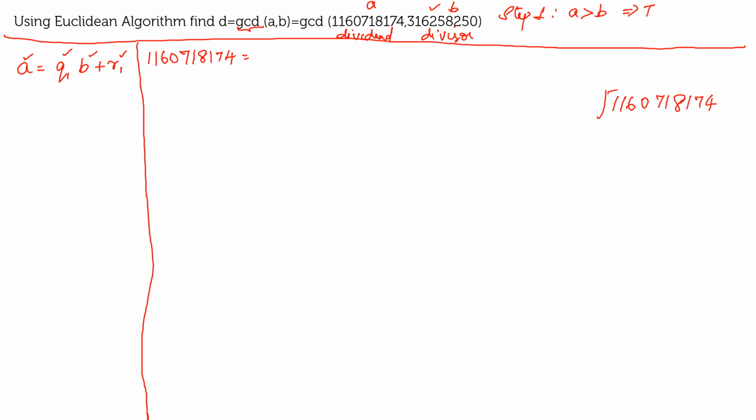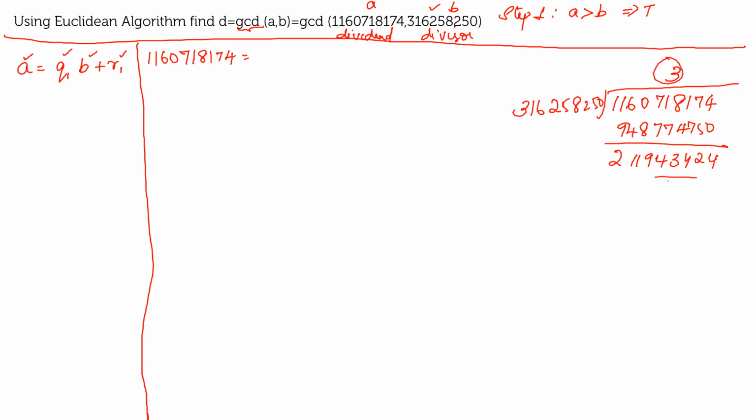11607187174, which is the dividend, divided by 316258250. Okay, so when you multiply by 3, you get 948774750. Okay, and the remainder will be 211943424. Okay, so your quotient will be equal to 3 and your remainder is 211943424.